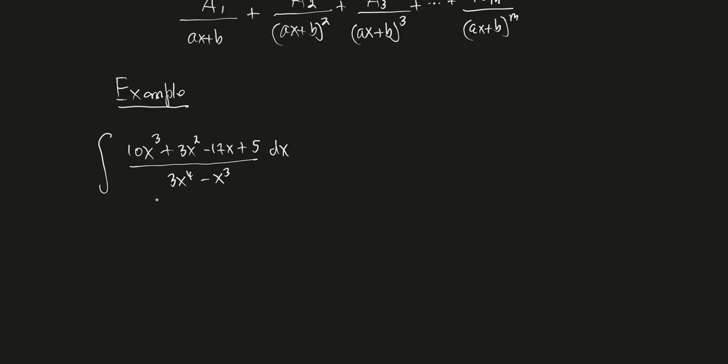Now, if you take a look at the denominator, 3x to the fourth minus x cubed, usually when we factor it, we factor out an x cubed, and we're left with 3x minus 1. And that's fine. But many times when you do this, you might look at this x cubed and say, no, this isn't linear, this is cubic.